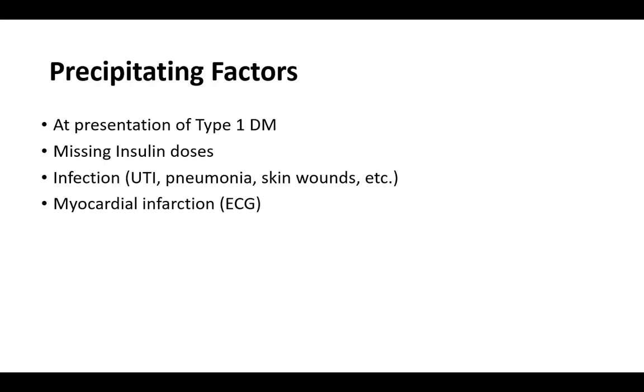It may be the presentation of type 1 diabetes, so you have to tell the family and the patient that you have diabetes. And most of the time, the main reason for DKA is a missed insulin dose. Which one usually? Is it the long-acting or the short-acting the patient missed?